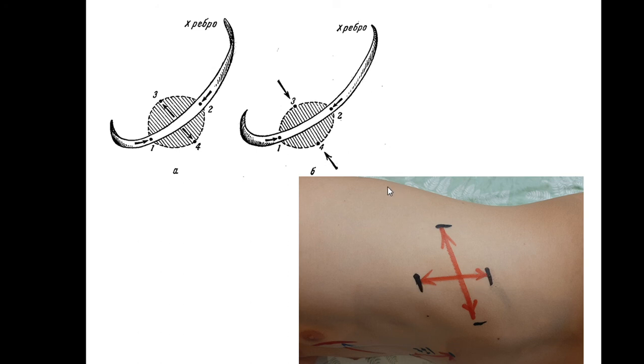And then by the direction of the 10th rib, you should start your percussion from the scapular line. From the scapular line, by the slope of the 10th rib, you percuss from resonant sound till dull sound, and always you should mark on the side of resonant sound.